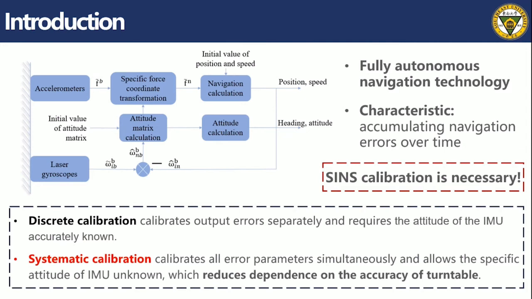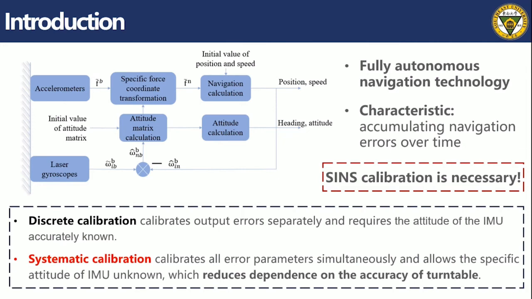According to SINS navigation principle, it is obvious that inertial navigation is a fully autonomous navigation technology. Therefore, inertial navigation has the characteristic of accumulating navigation errors over time, which leads to the result that SINS calibration has great influences on navigation accuracy. Therefore, studying SINS calibration technology is necessary.